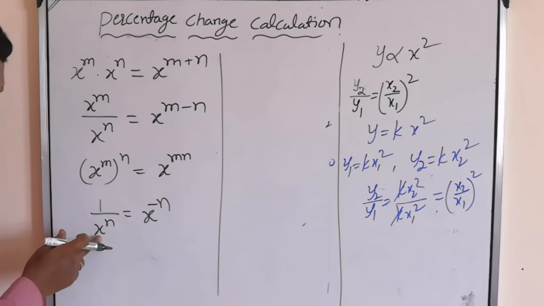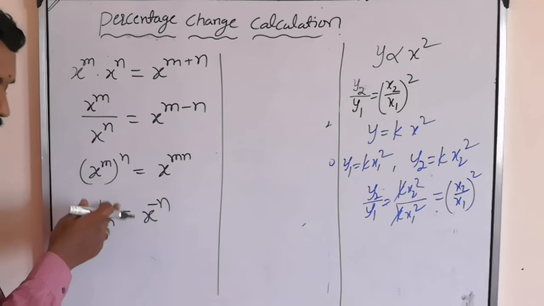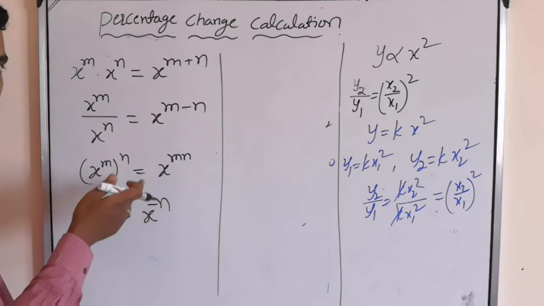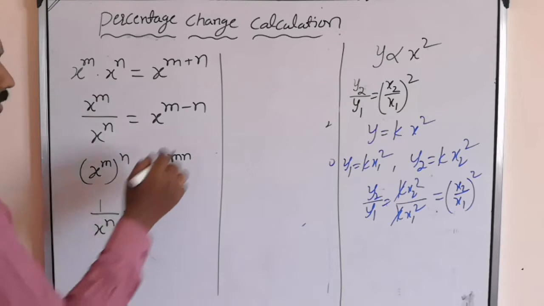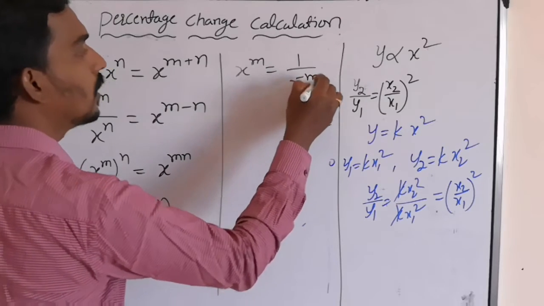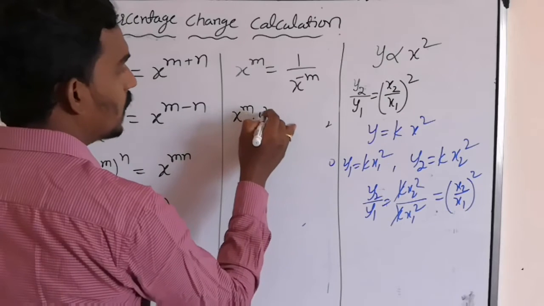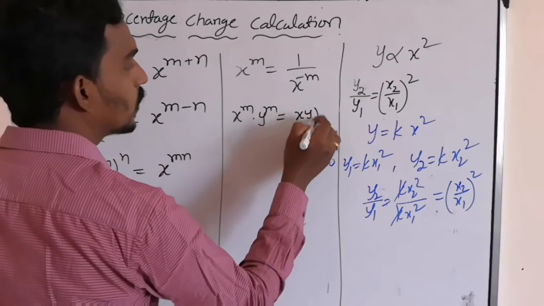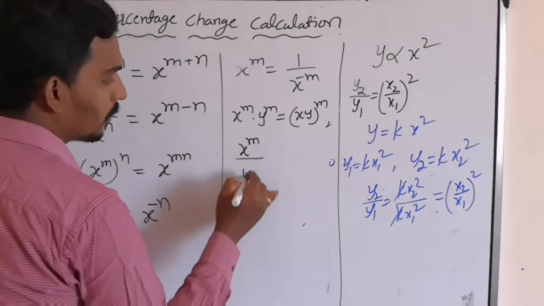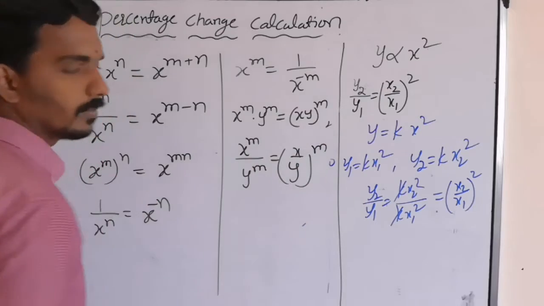When you move a term from denominator to numerator or numerator to denominator, the power changes from plus to minus or minus to plus. So x power m equals 1 by x power minus m. x power m into y power m equals x into y whole power m, and x power m by y power m equals x by y whole power m.